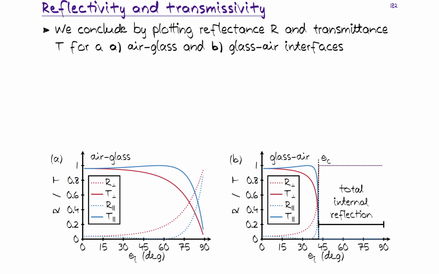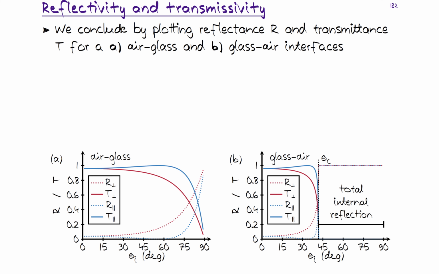And then the other possibility, the glass-air interface. And now actually something seemingly magical happens, because I'm having this trend that the curves approach 0 here, close to theta I being 45 degrees. And here at the critical angle, defined as theta C, something strange seems to happen, which we call total internal reflection.